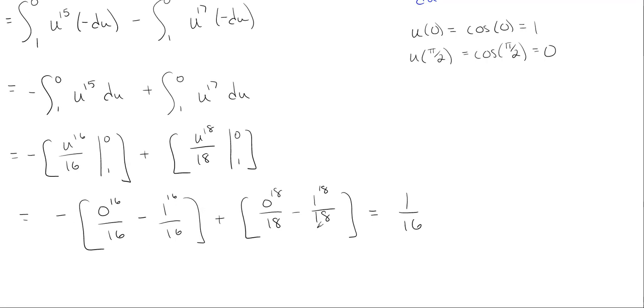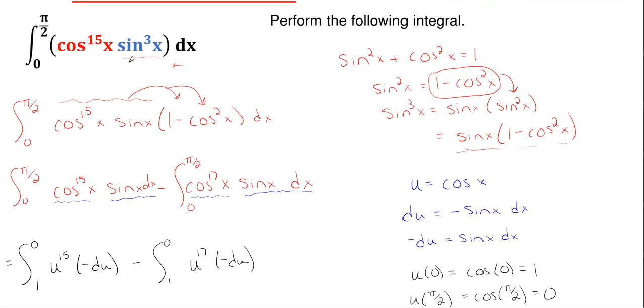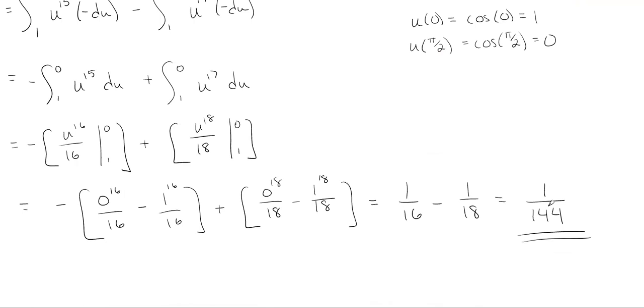The minus becomes a plus. And then subtracting off 1 over 18. And essentially this entire integration boils down to 1 over 144 as our final answer. So this nasty looking integral at the start of cosine 15 x times sine cubed x dx with those limits boils down to 1 over 144 as your final answer.